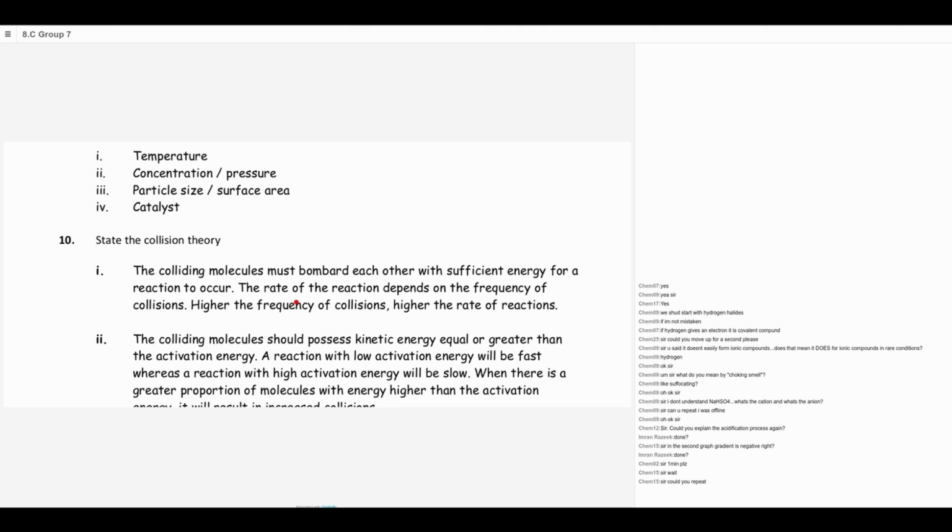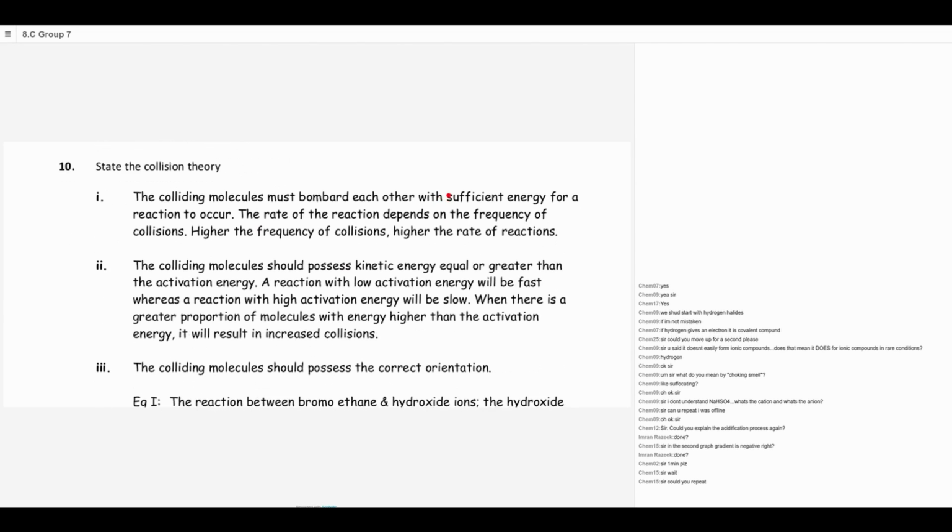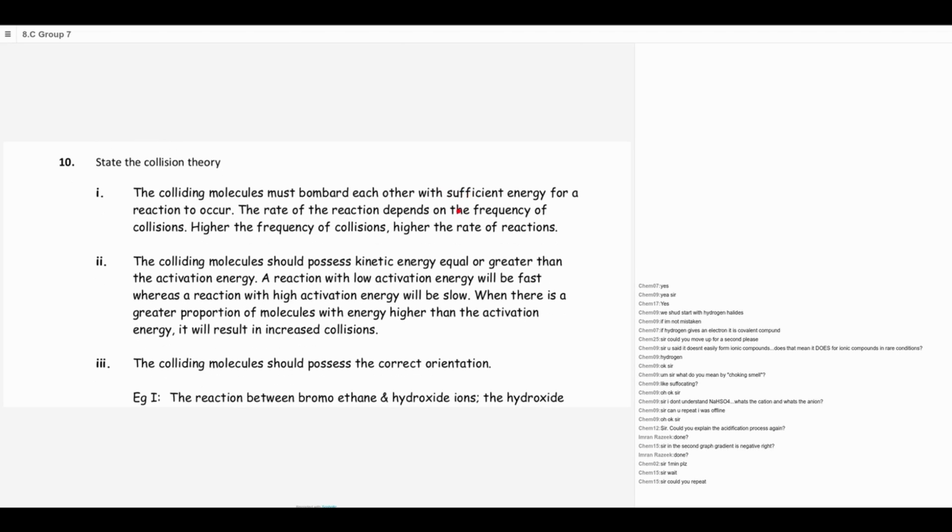So, no point increasing the frequency of the collisions. You also have to make sure those colliding molecules have energy equal to or greater than the activation energy. If the colliding molecules have energy equal to or greater than the activation energy, then those molecules will collide and form the products.